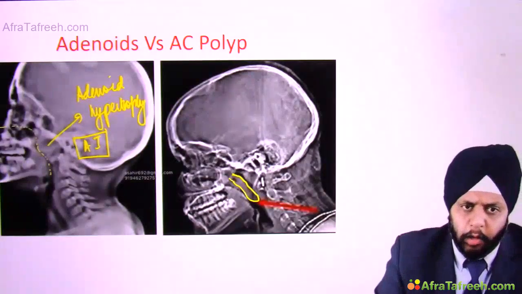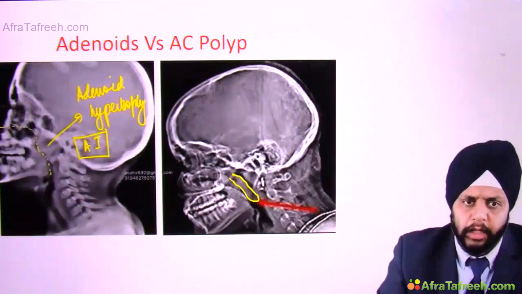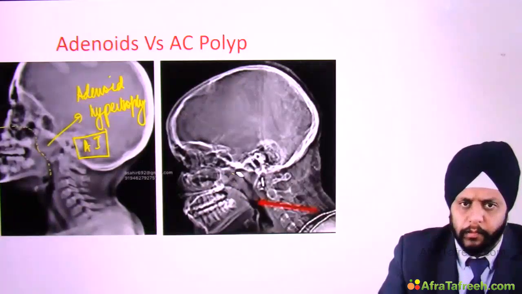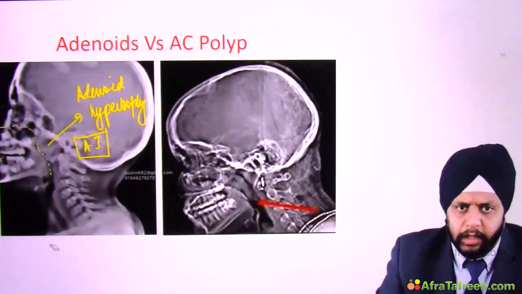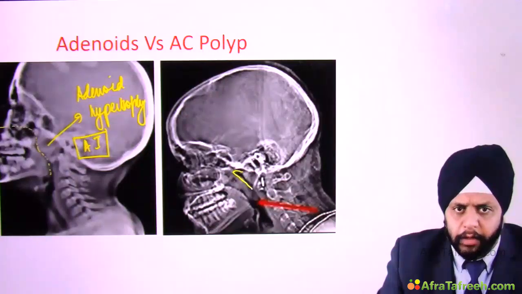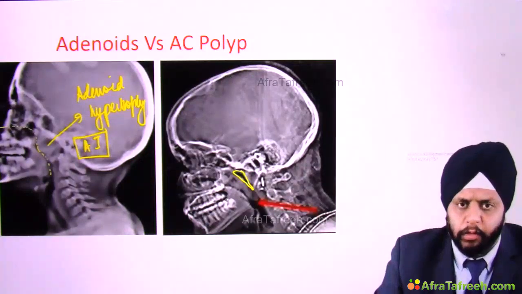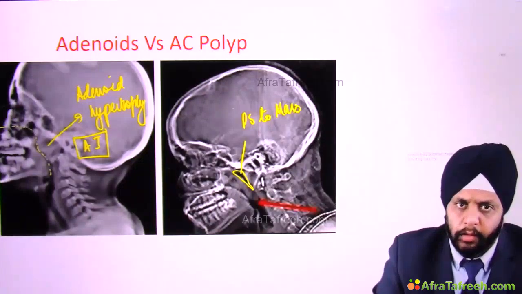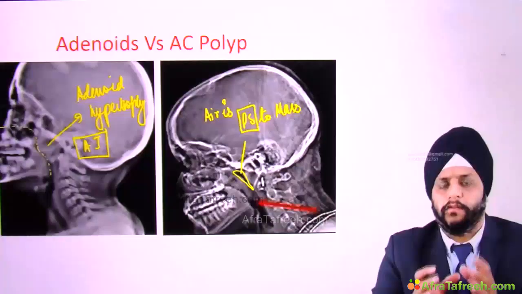Now if we look carefully, we will see that there is an airway in this patient also. This patient has a crescent of air over here. I am highlighting that crescent of air. It is posterior superior to the mass. So you see now the air is posterior superior to this mass.